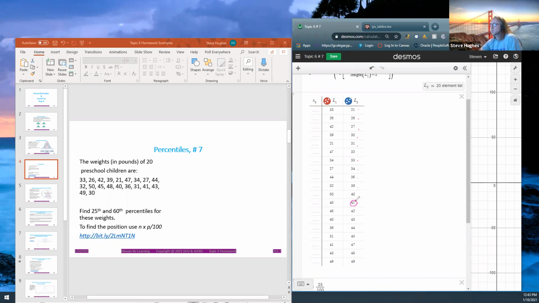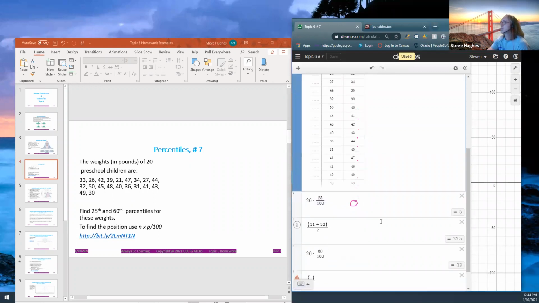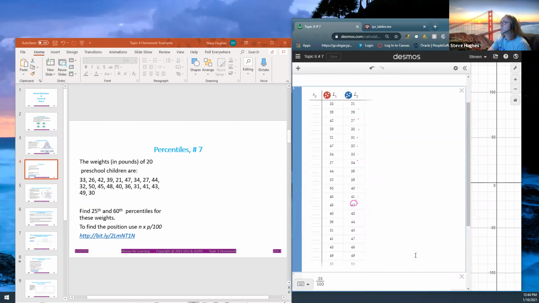That's the 12th position, is 41, okay? So 41 is the 12th position. That is an integer, right, everybody? What's an integer? Scroll back up here. 12 right here. 12 is an integer. Therefore, I need to find the 12th position and the 13th position.